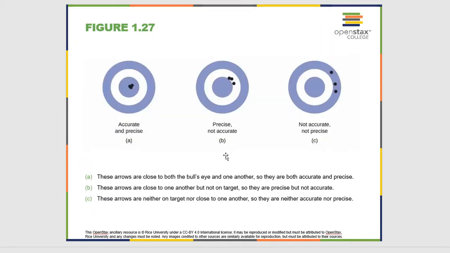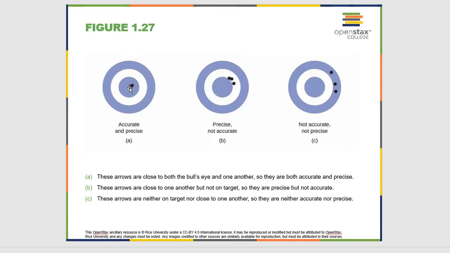One other thing that we need to talk about is the difference between accuracy and precision. And I've mentioned these terms before, and they're often used interchangeably, but they are not the exact same thing. And one of the best ways to describe accuracy and precision is using a bullseye. So in a bullseye, the goal is to hit the center.